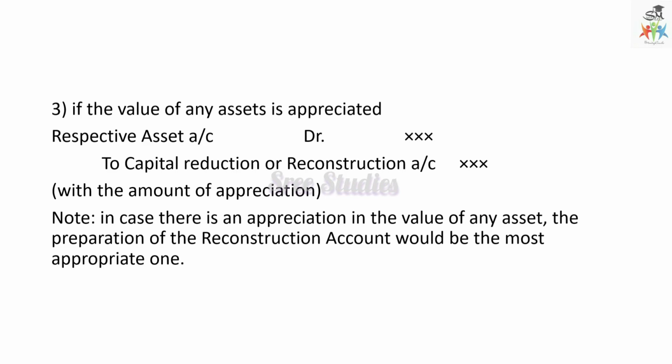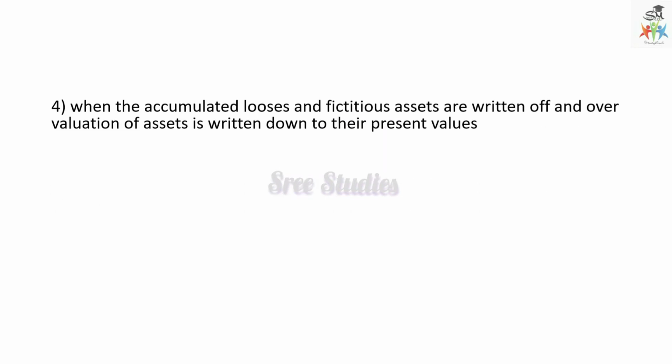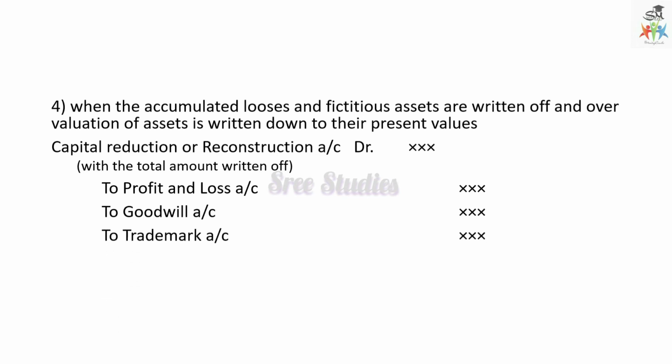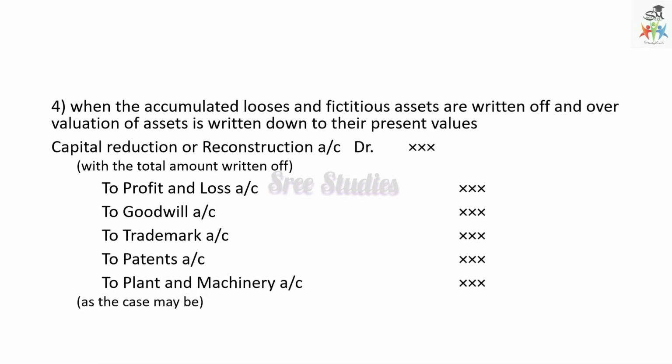So this is about what I said. When the accumulated losses and fictitious assets are written off, and overvaluation of assets is written down to the present values, then capital reduction account debit, since this account has been credited already with the values of share capital and creditors, debentures and so on, with the total amount, then to profit and loss account, to goodwill account, to trademark account, to patent, to plant and machinery.